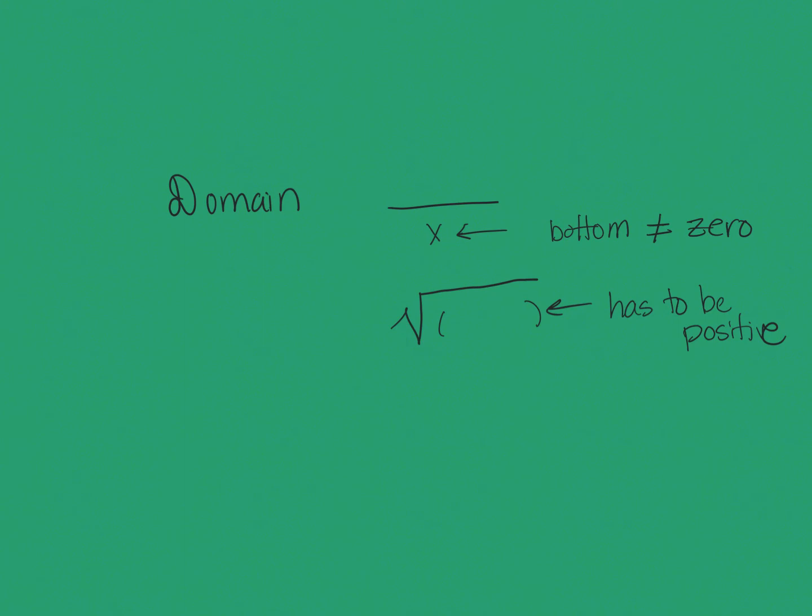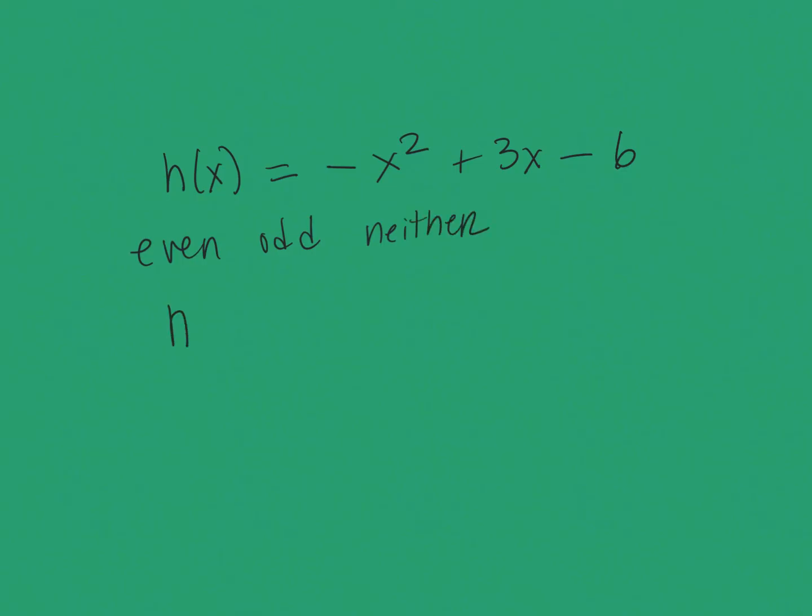There you go. So here is an example. Suppose that h of x is equal to negative x squared plus 3x minus 6. And they want you to test to see if it is even, odd, or neither. What they ask you to do is tell you what h of negative x is. So if I put a negative x in here, what happens?